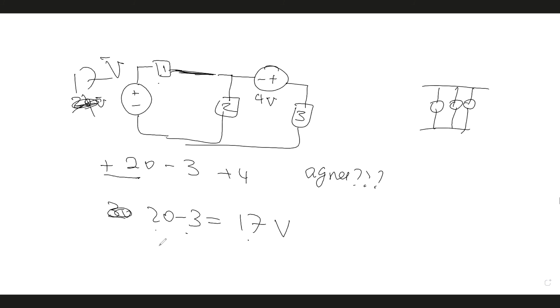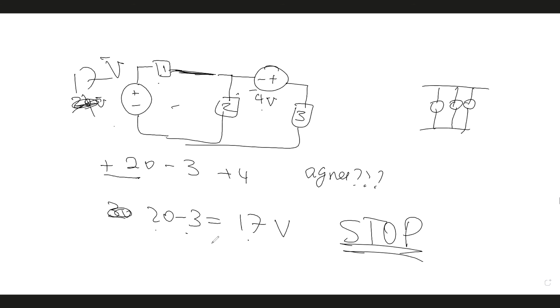Well, now the sources aren't in series though, right? No, they are not. So you can't combine them? So you stop. That's it. You cannot combine 17 and 4 volts. There is a middle element here. These two are not in series. You can only combine them if they are in series.